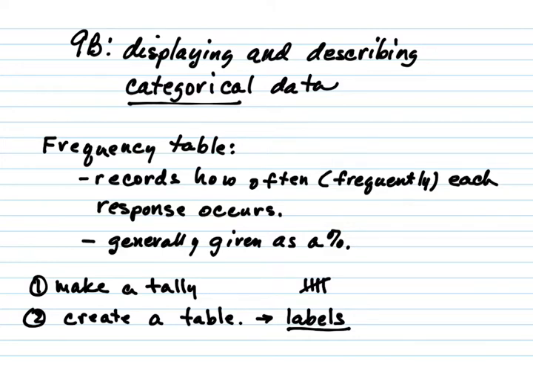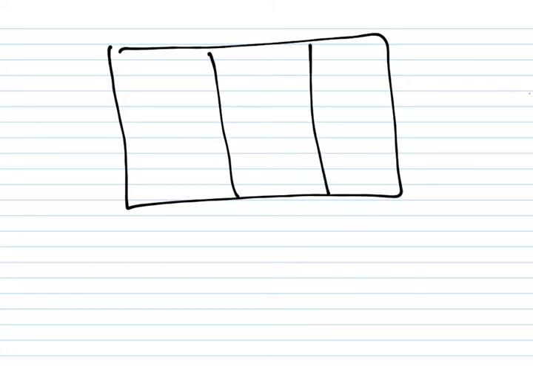All right? So let's look at what a table for a frequency table would look like. You're simply going to have a table divided into 3 sections. At the top, you'll put a title. So you're measuring lunch choices on a given day, or students who drink coffee, whatever.